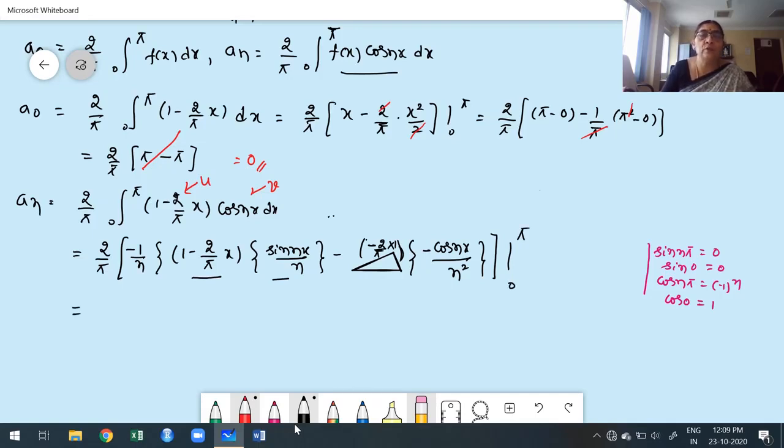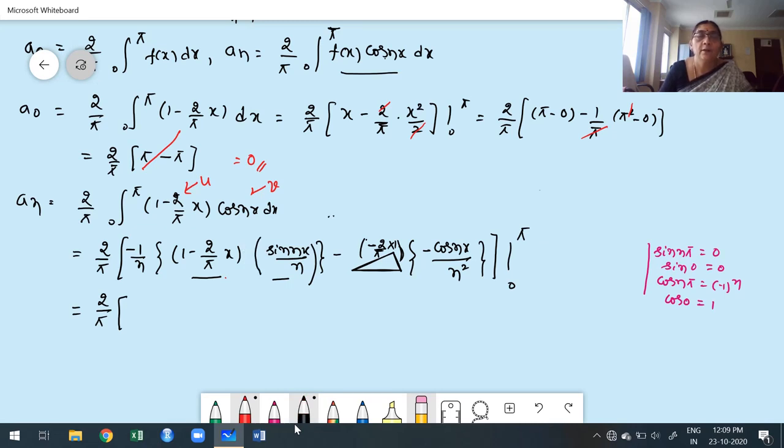Please excuse me that I wrongly took cos nx instead of sin nx. That's why I'm explaining once again. While applying the upper and lower limit, observe carefully, sin n pi is 0, sin 0 is 0. The product must be 0. What happened? The entire thing, if you put it in a small bracket, this must be equal to 0.